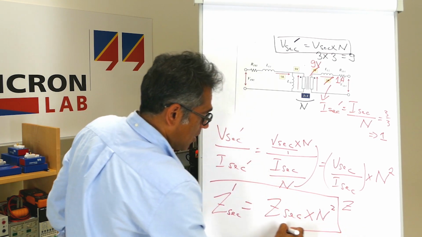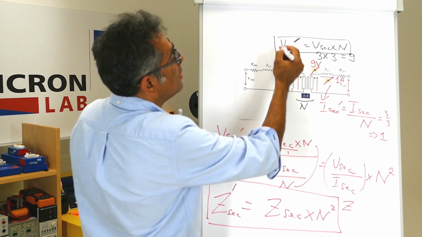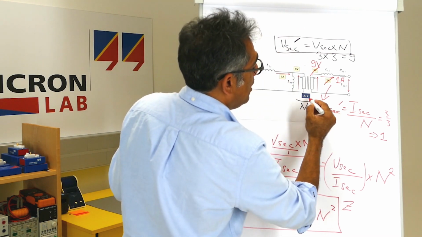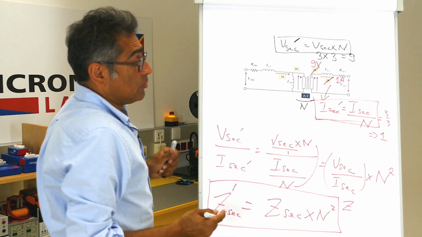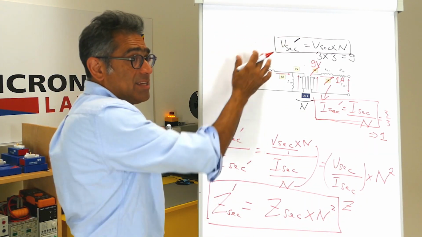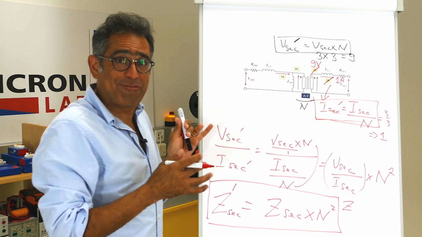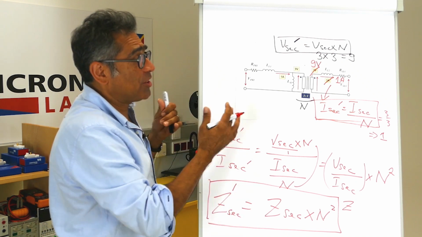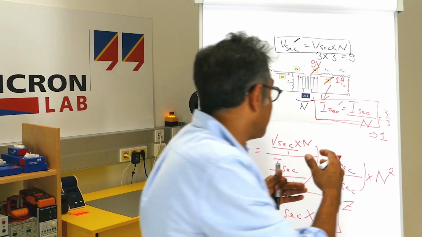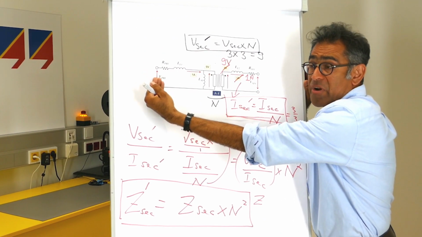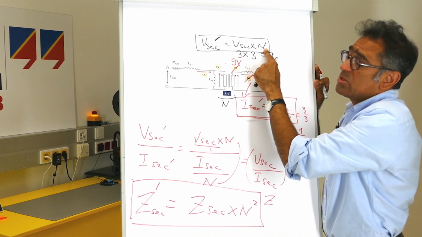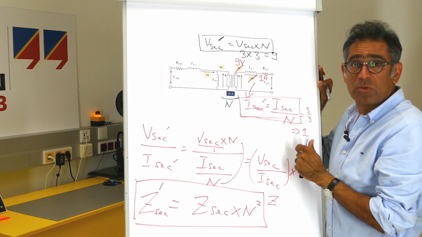So there we go. You've got one equation there, you've got one equation there, and you've got one equation there. Please, I stress, don't worry about these. We will give you a little sheet with everything on it later on. The only thing to note is that if you are on the secondary side and you wanted to refer primary parameters to secondary, all the multiplies become divides and all the divides become multiplies.